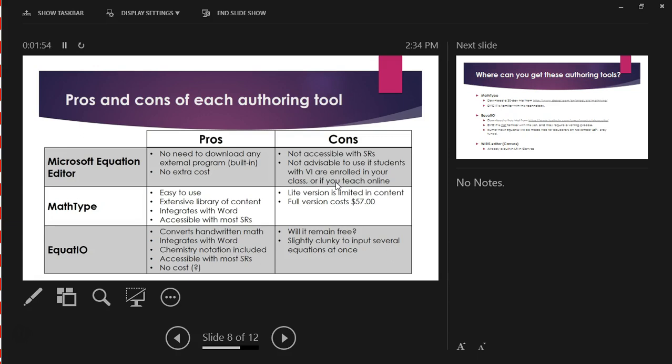With MathType, you can input one equation, press enter, input another one, press enter, and when you have them all, you can send it over to your Word document. With Equatio, I felt like I had to do one at a time and then send it over, which I didn't like. I might not be using it properly, but that's what I've been able to find so far.